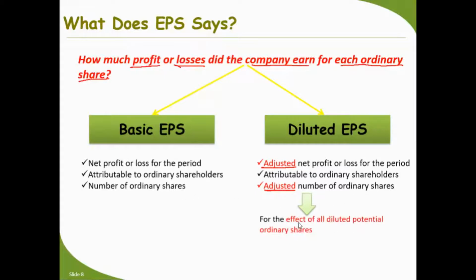Effect of all dilutive potential ordinary shares. Anti-dilutive will not be considered. We'll talk about that later. So there is one conclusion from this whole discussion of dilution and anti-dilution: diluted EPS will always be lower than basic EPS for the same time period. If you are calculating EPS for 20x9, basic EPS will always be greater than diluted EPS.